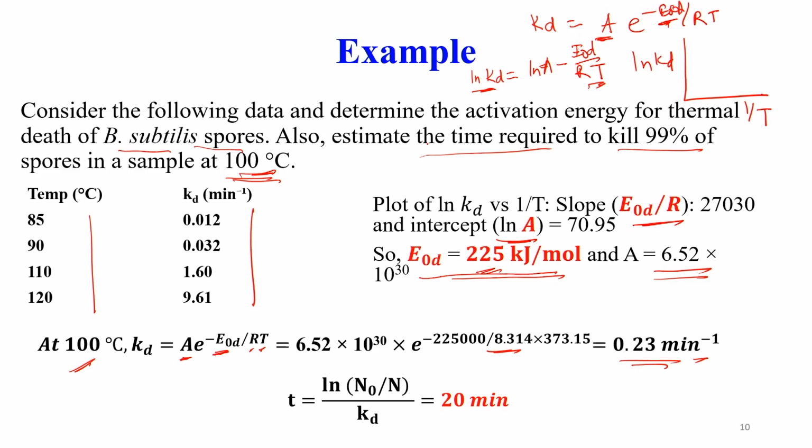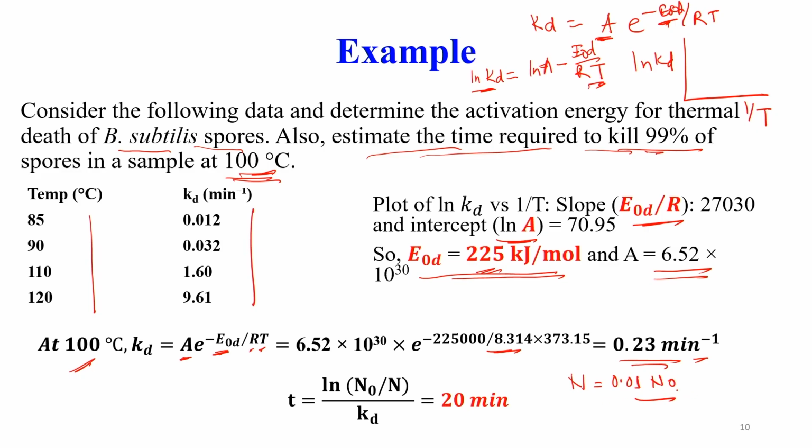and once Kd is known, now we can go to the second part of the question that says estimate the time required to kill 99% spores. What does it mean? It says there is a relation between N as 99% are killed. How many are left now? 1%, 0.01 of N naught.